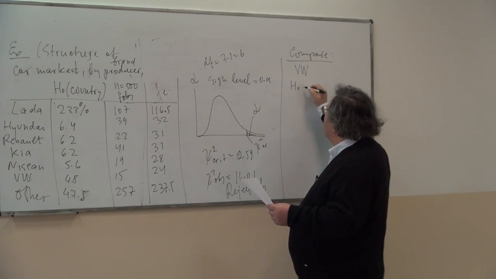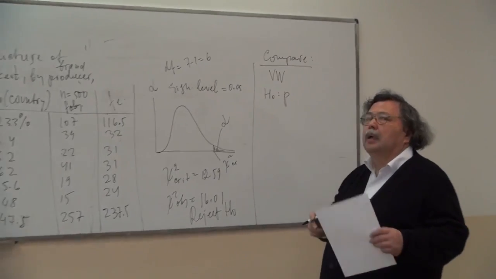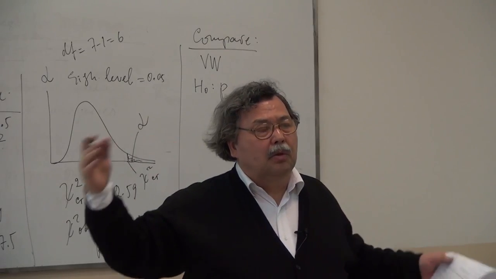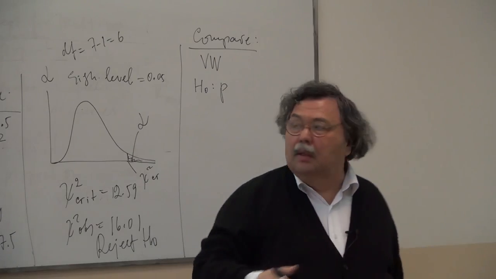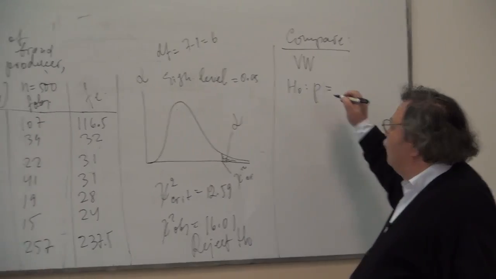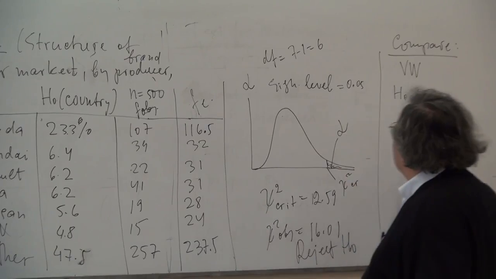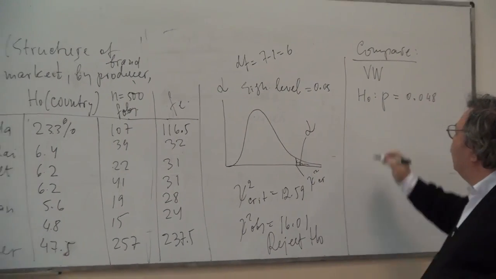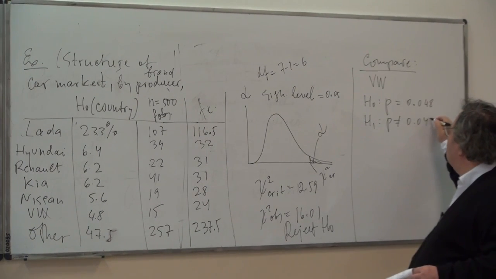Now, we can run this test. H0: the proportion of cars sold in this region that are of this brand, Volkswagen, is unknown, but we hypothesize this value, 0.048, and H1 is P is not this.